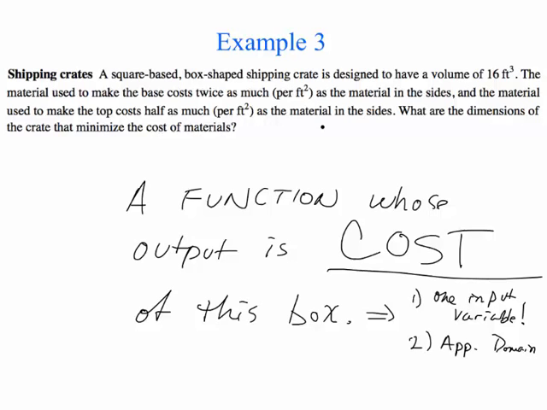So you've got to think of it as, say, K. Say the cost per square foot for the sides, let's call it K. It's unknown, but it's not a variable. So in your function, you may have the input variable, but then you may also have K, which is not a variable. It's just a constant.